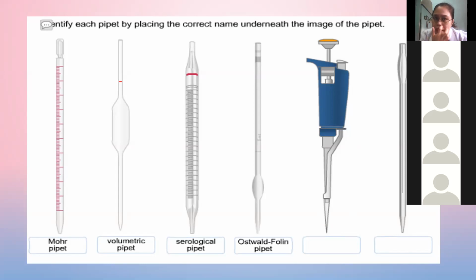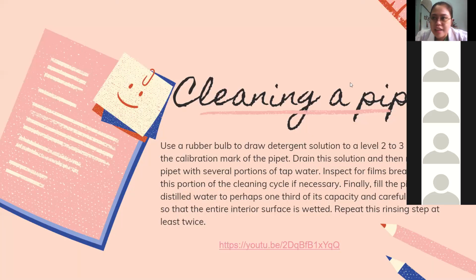So just like the Eppendorf, the lambda pipette is also used to measure small amount of liquid. So even microliter. Okay, I hope ma-identify na ninyo ang different types of pipette nato. Okay? Can ask question anytime, ha?